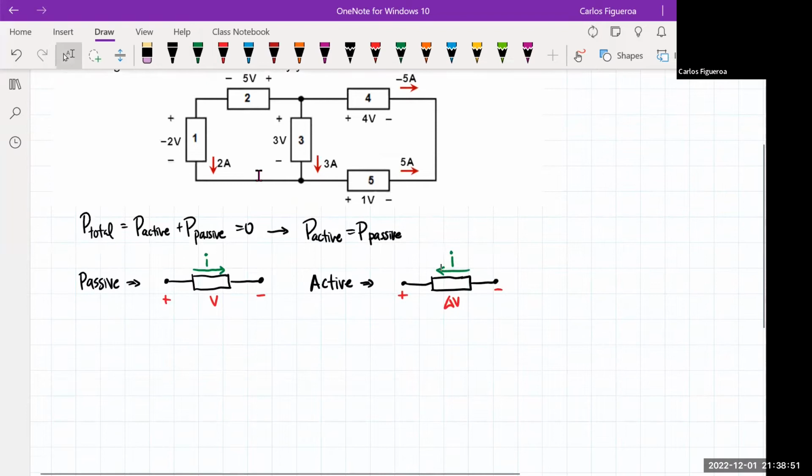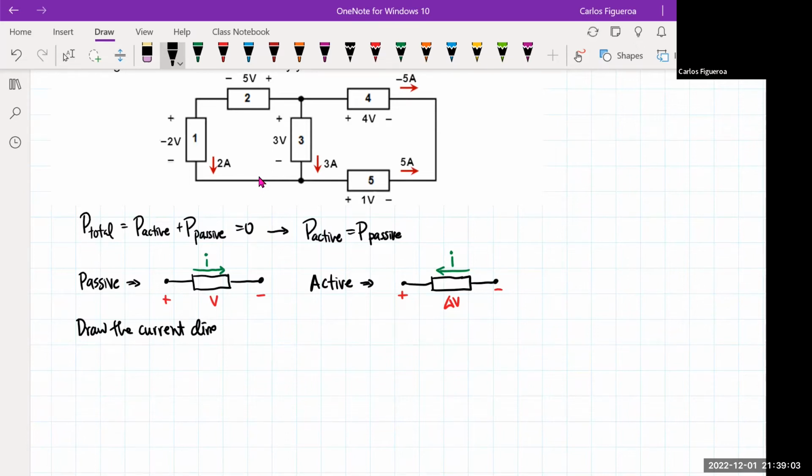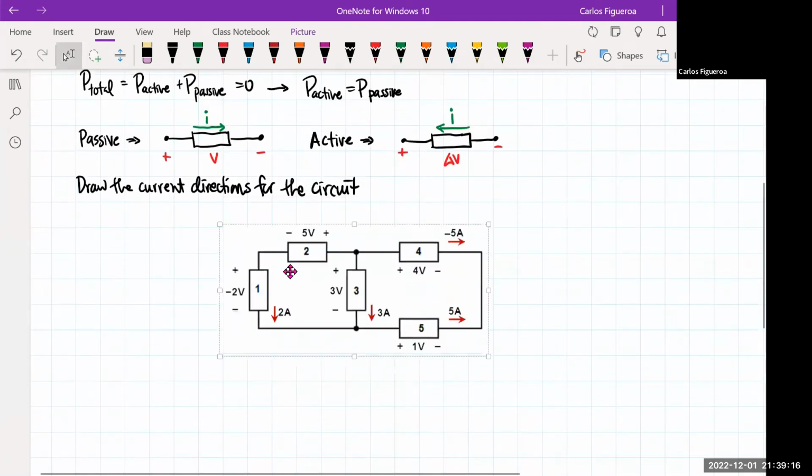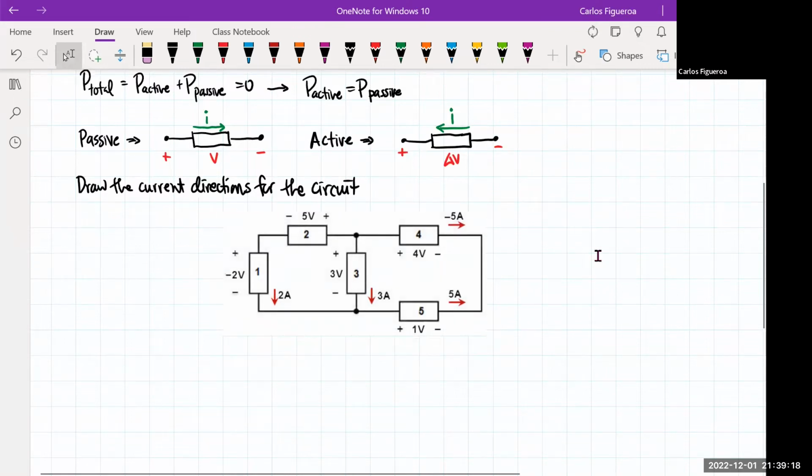So now I want to apply that to our circuit here. I'm going to draw the current directions for the circuit. So I'm going to paste this in, and here it is. Now I'm going to follow the current.